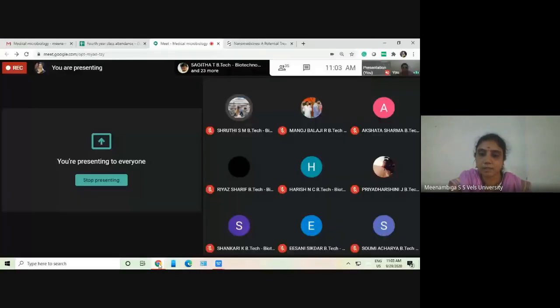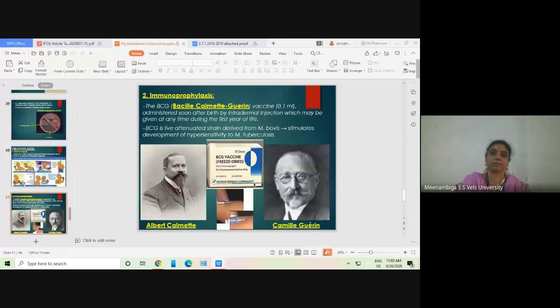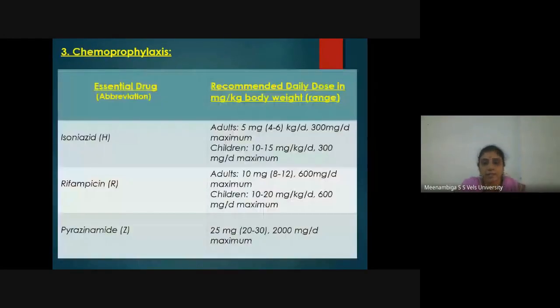Then the next one is chemoprophylaxis. What type of drugs are given for Mycobacterium tuberculosis prevention? The first line of drugs are isoniazid and rifampicin. These are given initially.